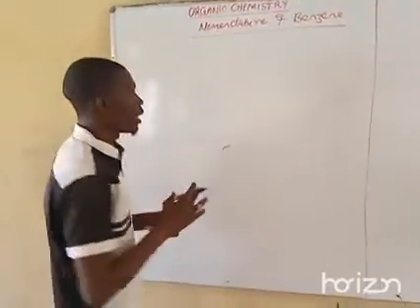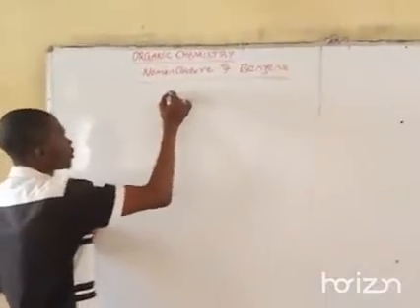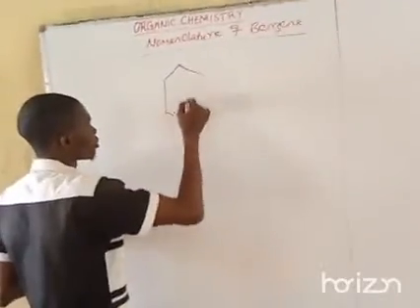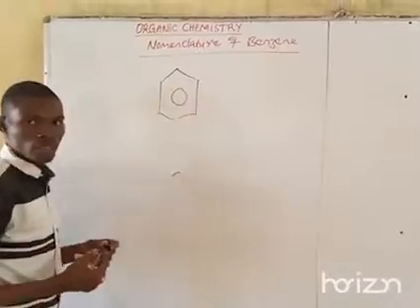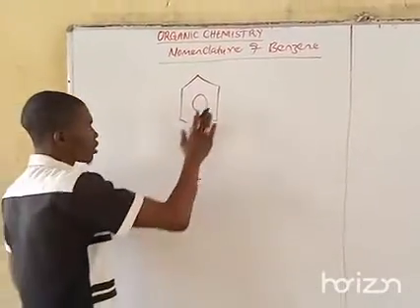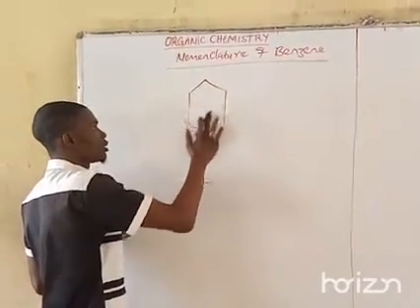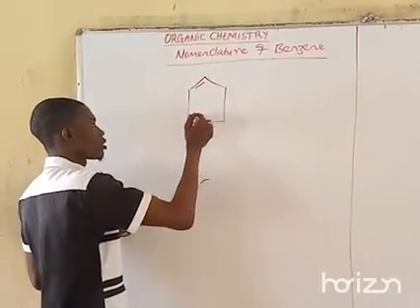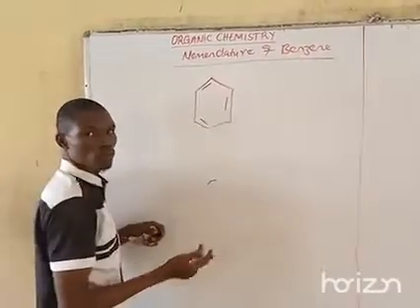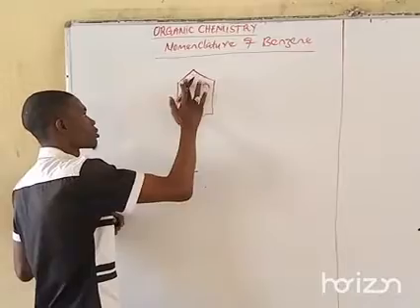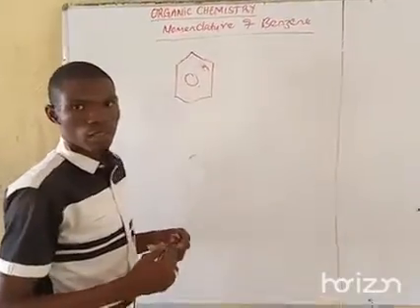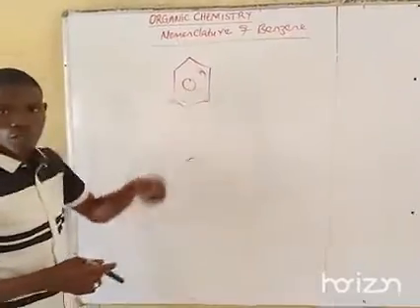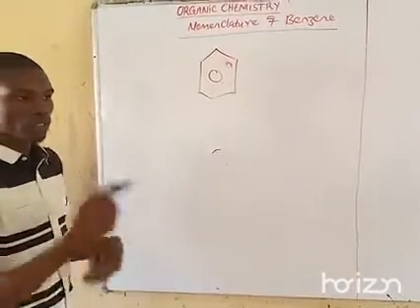So benzene, this is a benzene. Under normal circumstances, in some texts you see benzene drawn this way. Sometimes you see it this way. It all means the same thing. The reason why you see this is because of the resonance structure, because it continues resonating.